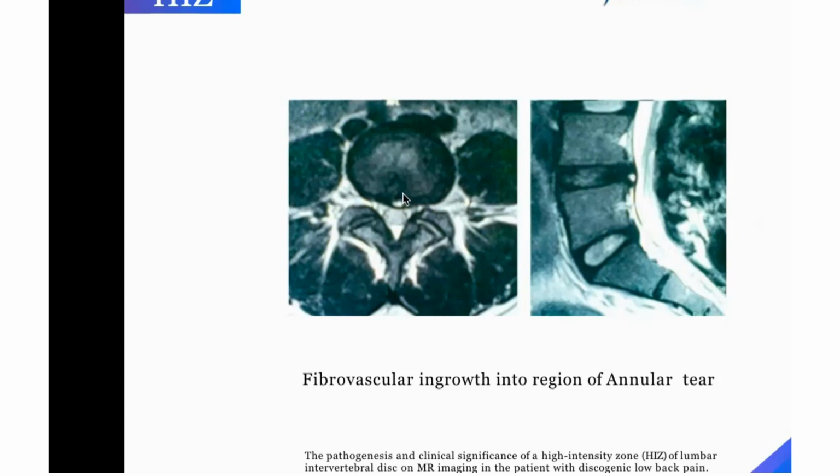So whenever there's an annular tear, this nucleus material is highly inflammogenic. You remember in the anatomy section, I told you about this. This material is highly inflammogenic because it is a foreign body for our own body.